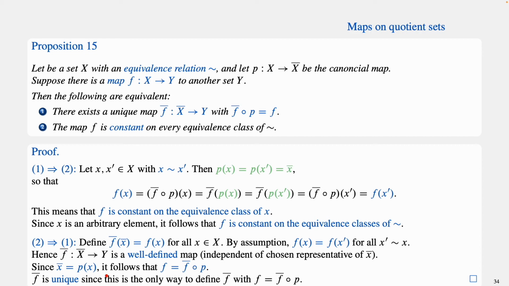And it is indeed a unique map, since this is the only way to define such a map f bar which satisfies f equal to f bar composed with p. And now we're done. This is the proof of proposition 15 and the equivalence of these two statements. So maps that are constant on equivalence classes induce such maps on the quotient sets.